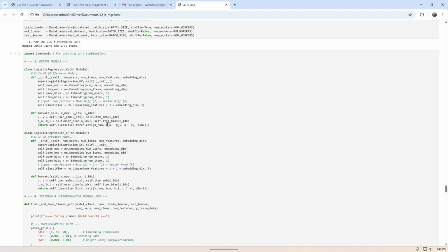So here you can see we have BU minus BI, U minus V, and here is the LR for the U times V. As you can see, we are giving it the explicit features, user bias, item bias, and then U times V. I'm not sure if we talked about why we are doing subtraction for the biases for U minus V. But the reason is that if we treat the embeddings as physical metrics, the bias is going to cancel out.